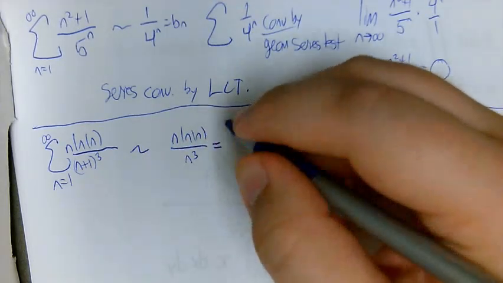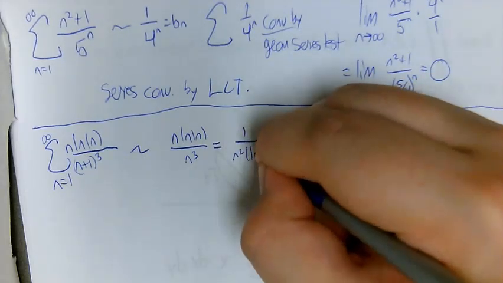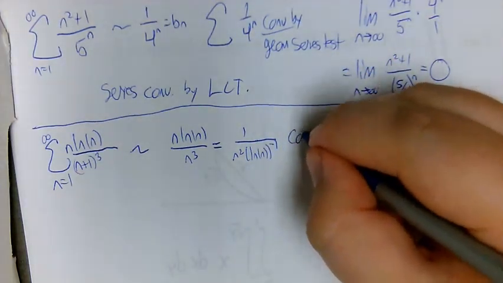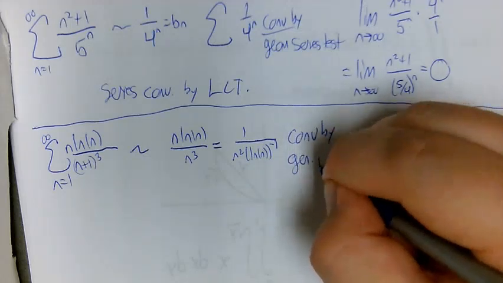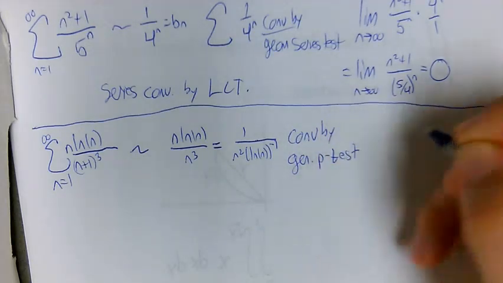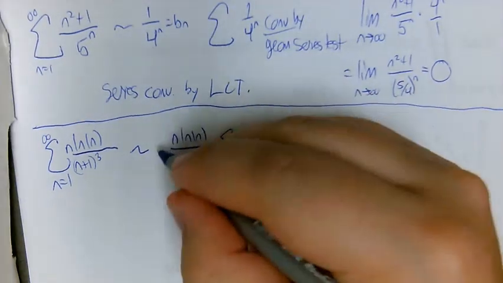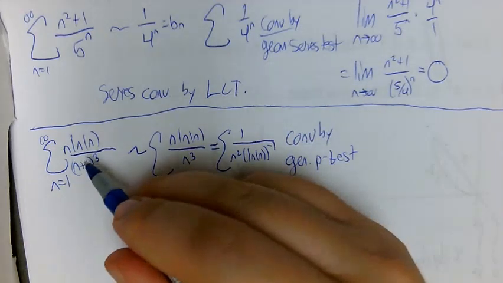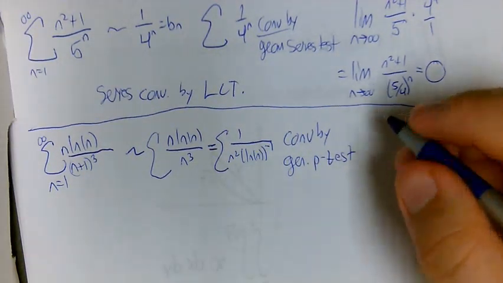Because if I rewrite this, this is going to be 1 over n squared times ln of n to the negative 1. And this is going to converge by the generalized p-test. Okay, so since this series will converge by the generalized p-test, I suspect that this will converge as well. Let's do a limit comparison to see if that works out.